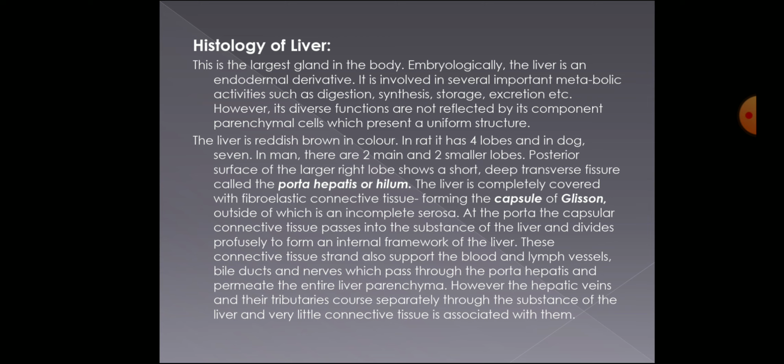In the parenchyma, the connective tissue enters and makes lobes. The hepatic veins and their tributaries course separately through the substance of the liver, and very little connective tissue is associated with them.